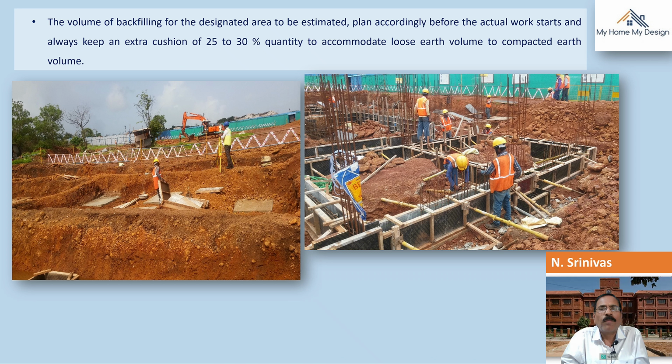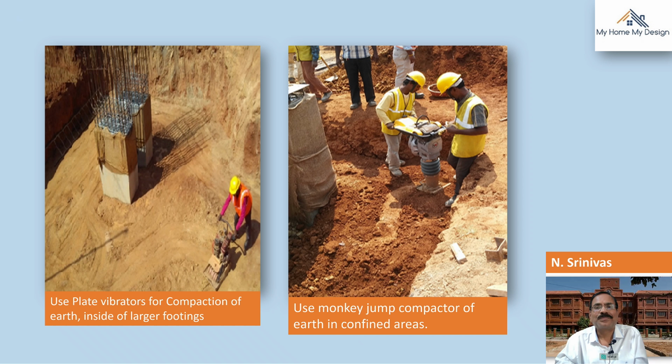So suppose we require 100% material for the backfilling, we need to order another 30% extra, because the loose material, after compaction, 130% gives 100% only after it settles down. So that is the criterion. On that basis we need to calculate how much backfilling material to order for the construction.